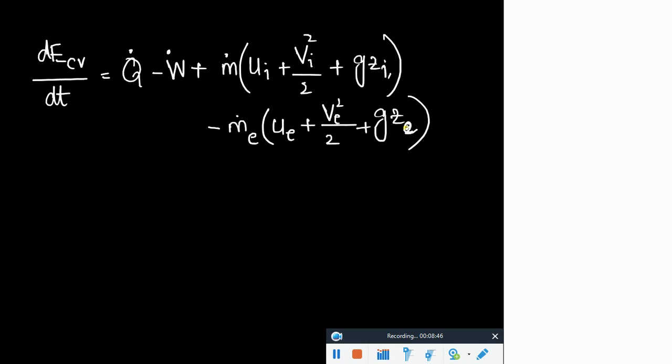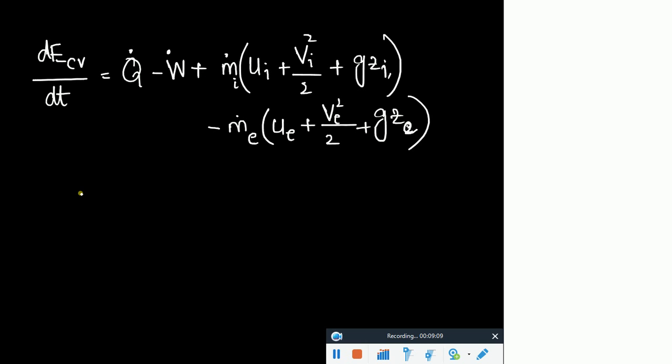Okay, so this is something which is there. So that's the form of law of conservation of energy, or you can say first law of thermodynamics for what kind of systems? Control volume type of systems, or which are basically known as open systems.